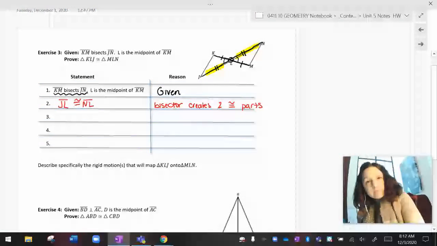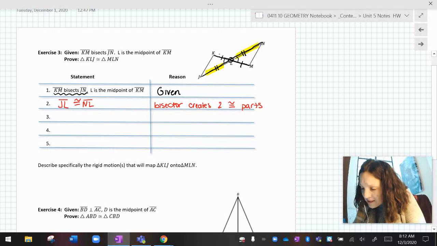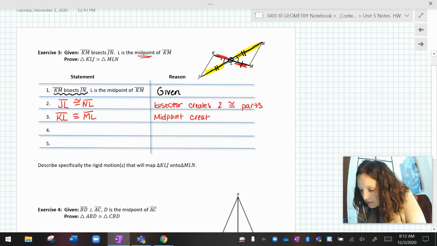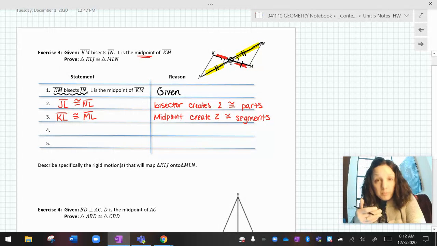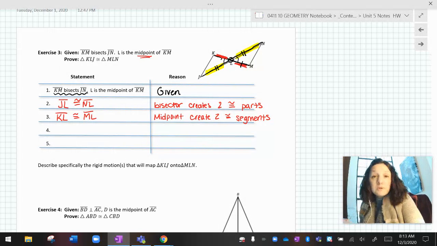Cool. Then the next thing I marked was that KL is equal to LM because we knew we had a midpoint. So KL is congruent to ML because a midpoint creates two congruent segments. Okay, so one of those things was congruent because of the word bisect. The other thing was congruent because of the word midpoint.